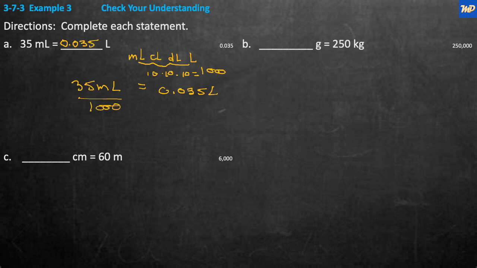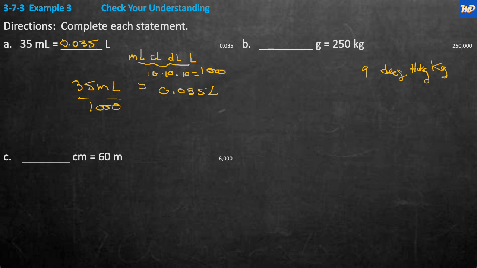Let's do B. In B, we're looking for grams, and we're starting with kilograms. So we're going to start with kilograms, kg, then we're going to go to HEKG, I think it is, and then DECG, and then G. I think it's kilograms, hectograms, decagrams, and grams. So we're going from kilograms to grams.